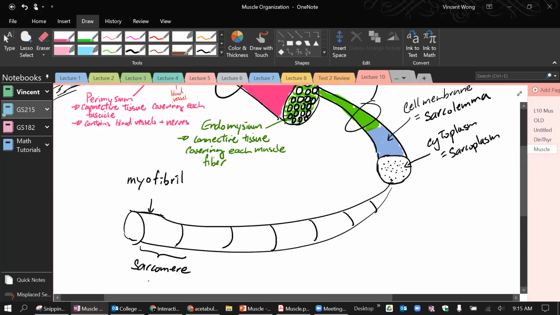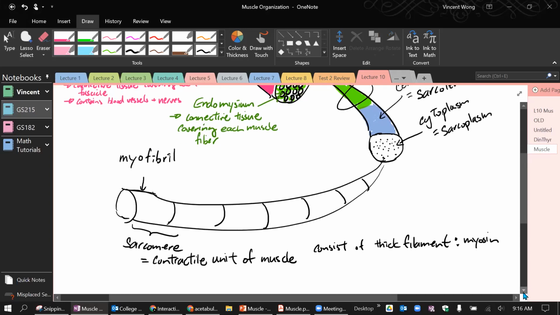Sarcomere, which is the contractile unit of muscle. Okay, so when these things contract, then the whole muscle contracts. It consists of thick filament, which we call myosin.